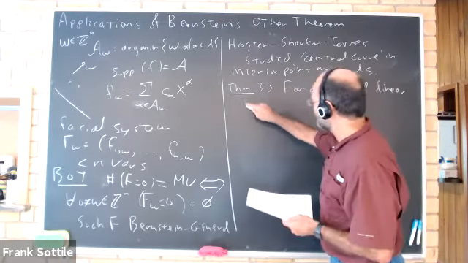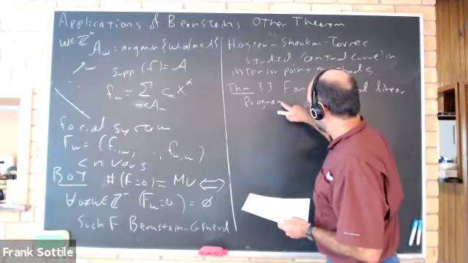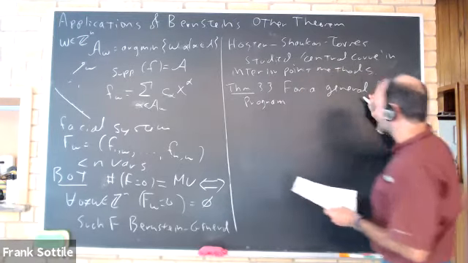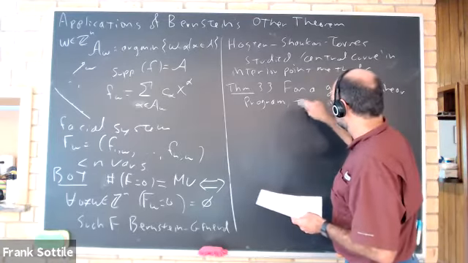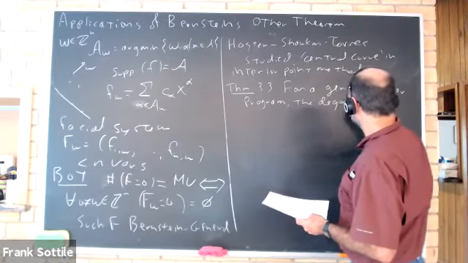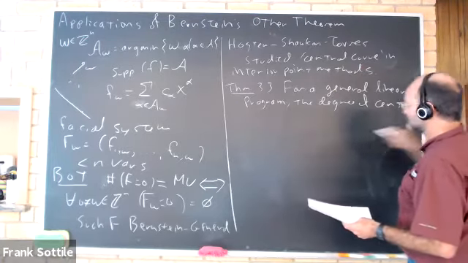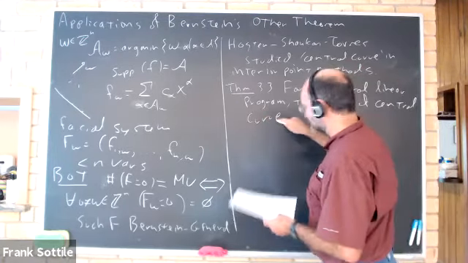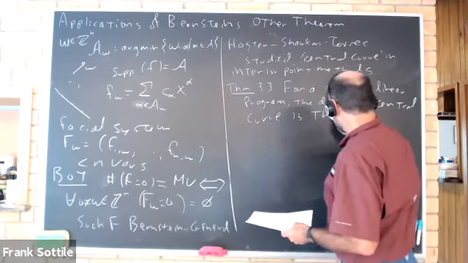For a general linear program, their paper talks about semi-definite programming, but I'm talking about this result, which is in linear programming. The degree of the central curve is, well, I'm not going to give a formula.